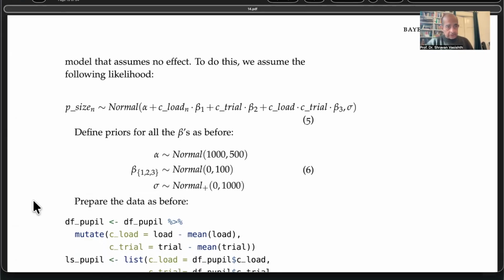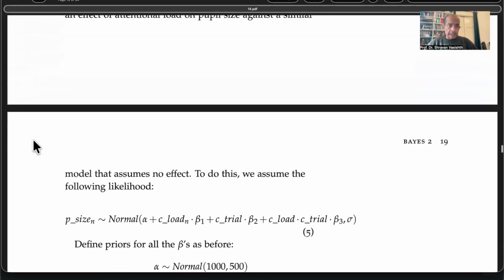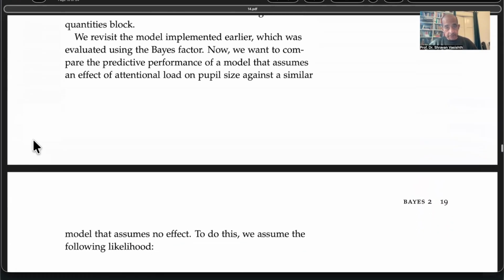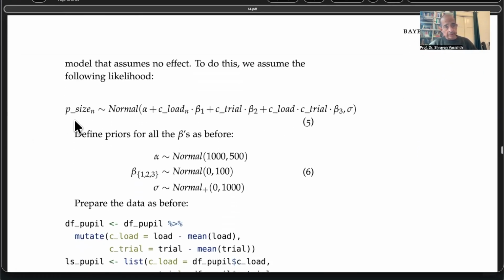So the data that I look at is the old data set that we have looked at earlier. This is the pupil size data as a function of load and a function of trial and the interaction of these two. So notice here that we have centered load, we've centered the trial predictor, and the interaction term is here.